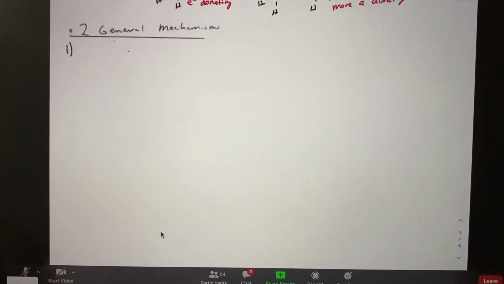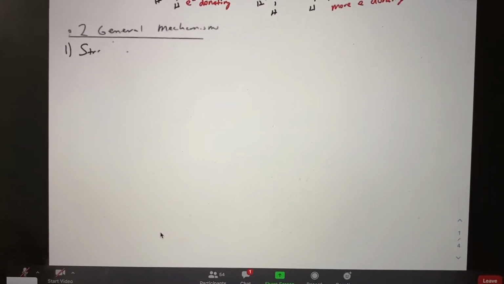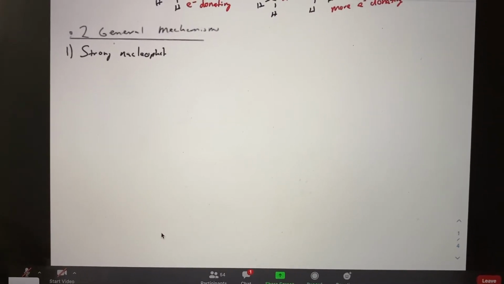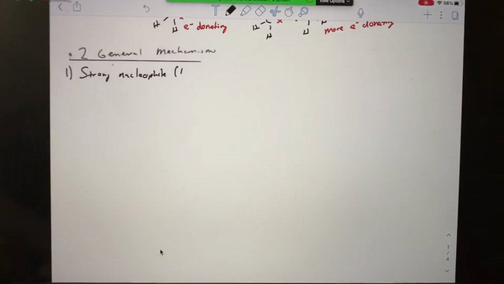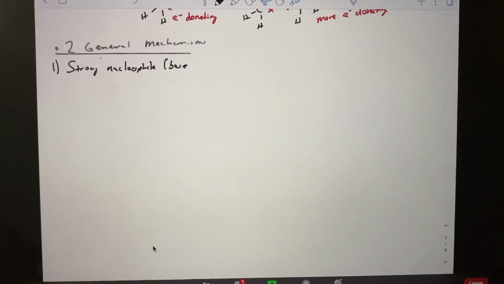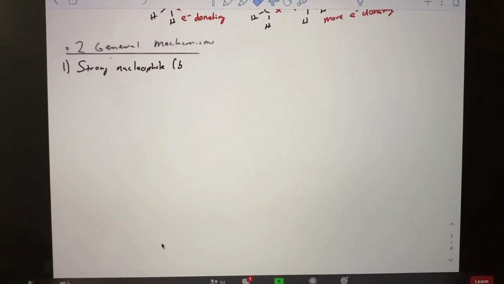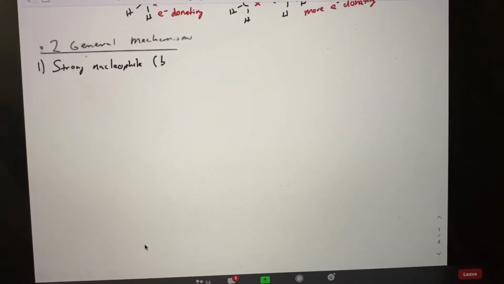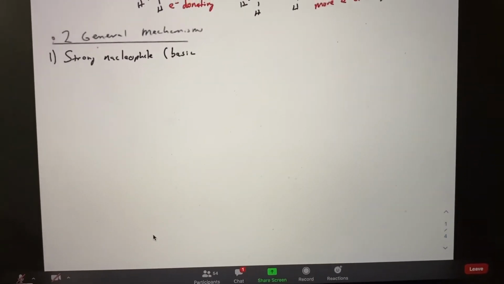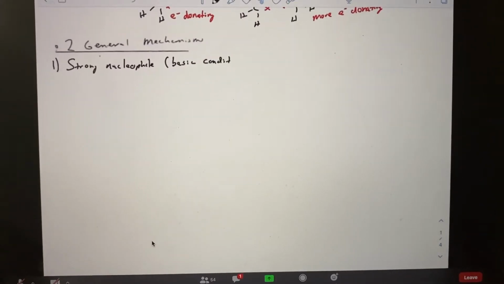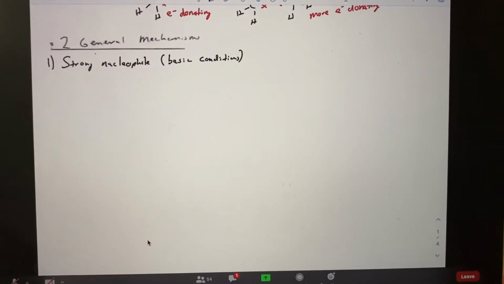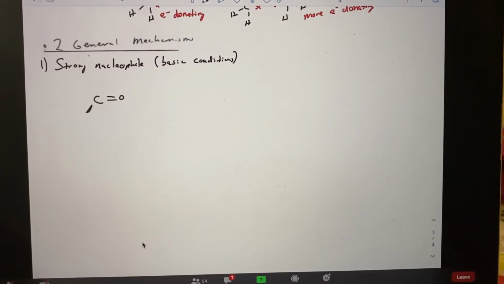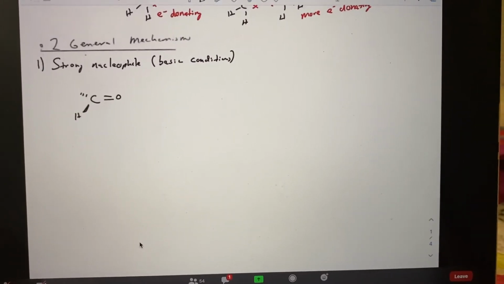Two general mechanisms. The first one is the one that we've already seen quite a bit with a strong nucleophile. And I'm going to use the same example because it's consistent. So let's try to spell things right. So under basic conditions. And in general, what you'll see is basic conditions are a little bit easier. Let's just use the same formaldehyde that I used last time so we don't have stereochemistry.